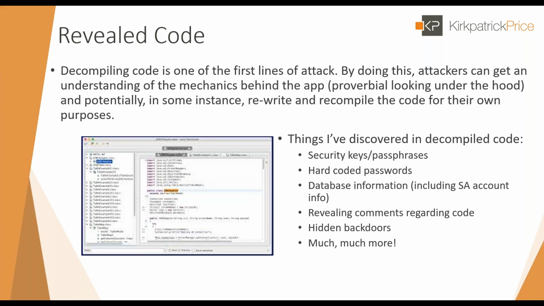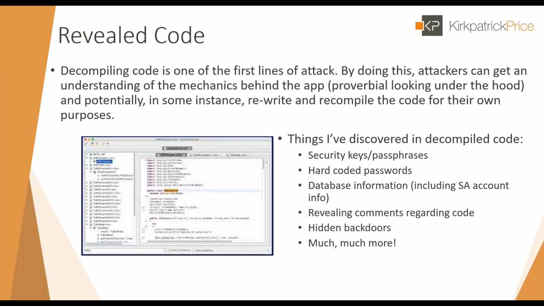Even hidden backdoors. I think that was probably one of the most fun discoveries I found once, and it was actually sad, I felt for the company. They had hired some third-party contractors to write the code for them. They had the idea of the app, they wanted these people to write it for them, but they took the finished product and handed it over to my company at the time and had us perform the assessment.